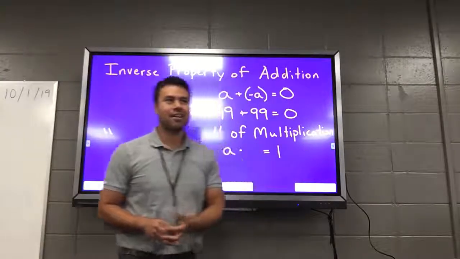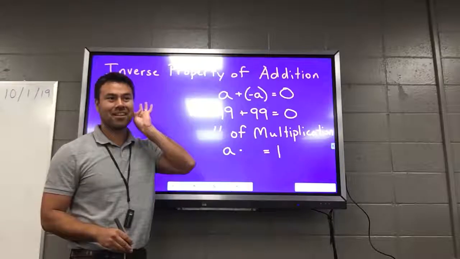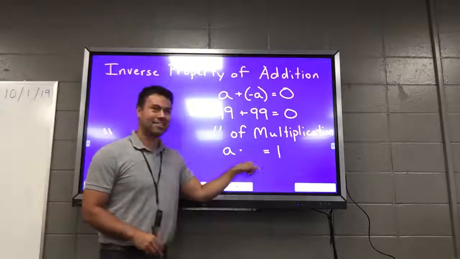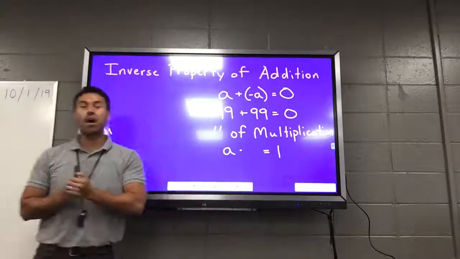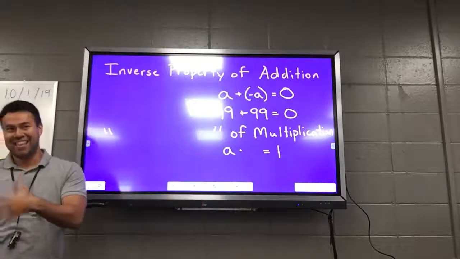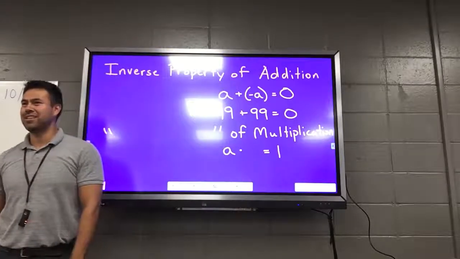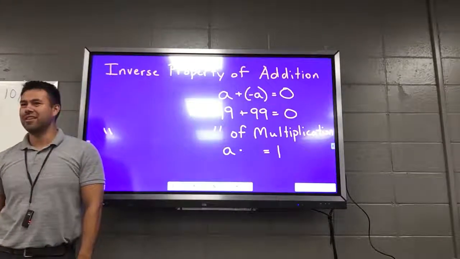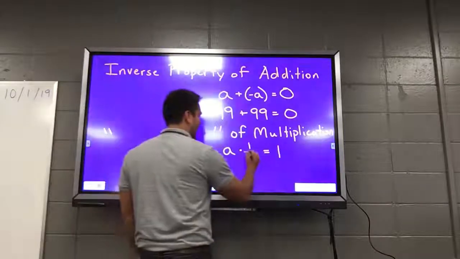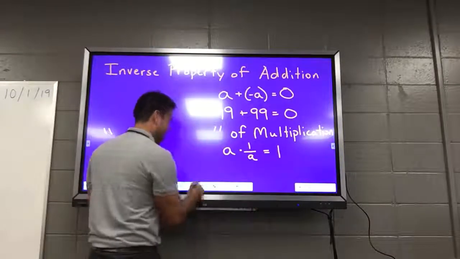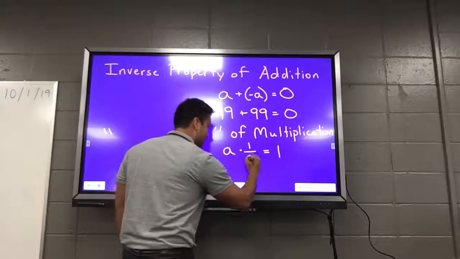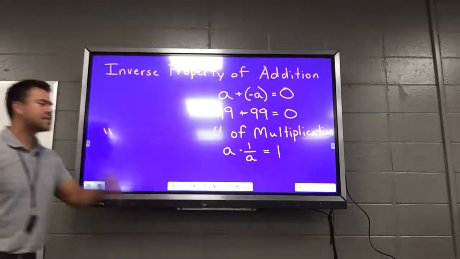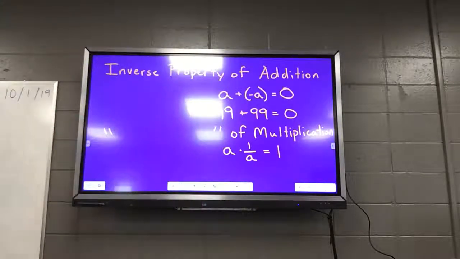Not 1. I thought you were going to say 1. Something more. Morris? 1 over A. Let me make this clearer on the A. A times 1 over A equals 1. Okay, hold on.